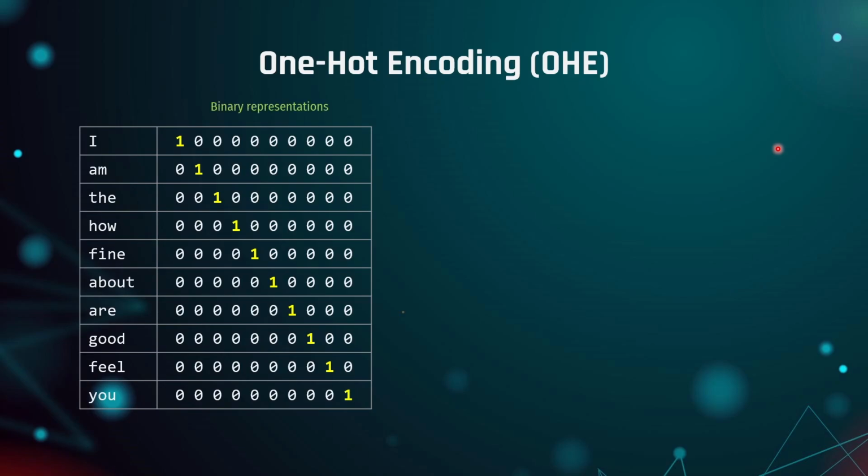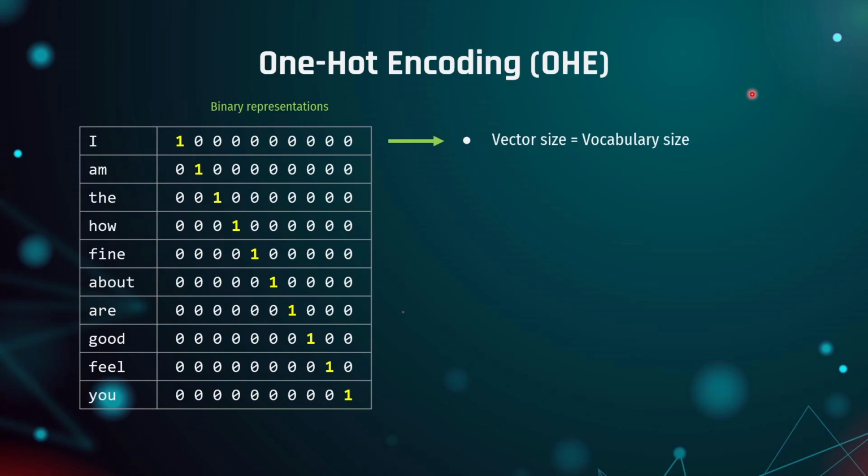So what are these binary vectors? What even are vectors? A vector is basically a series of numbers, and a binary vector is basically a series of zeros and ones. If you notice this particular table, you'll see that each vector is of a fixed size of 10.